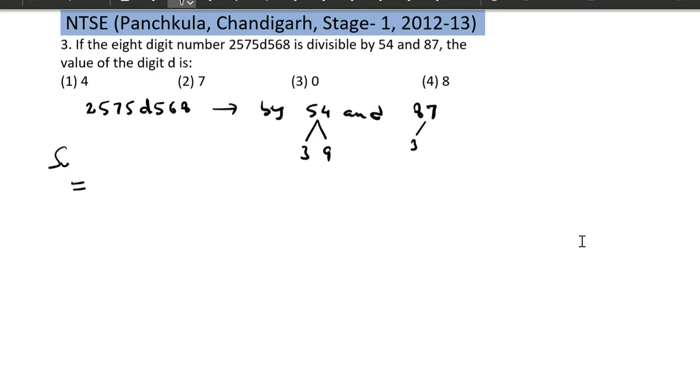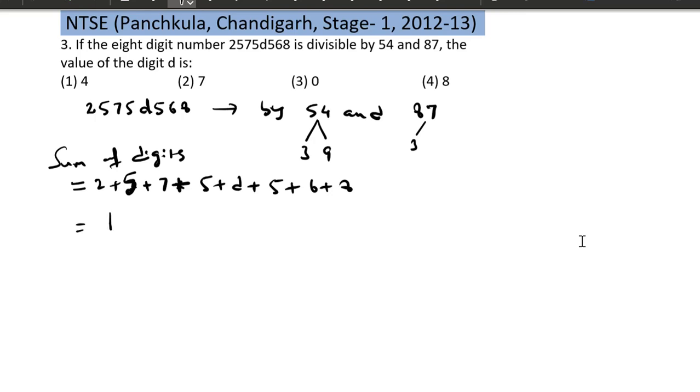So what about the sum of digits of the given number? 2 plus 7 plus 5 plus 7 plus 5 plus D plus 5 plus 6 plus 8 is equal to D plus the sum: 14, 19, 24, 30, 38.